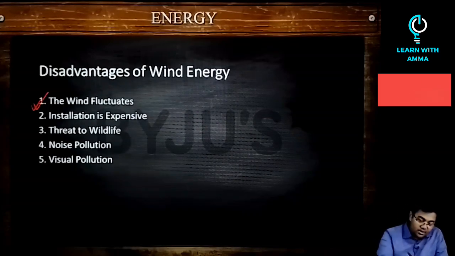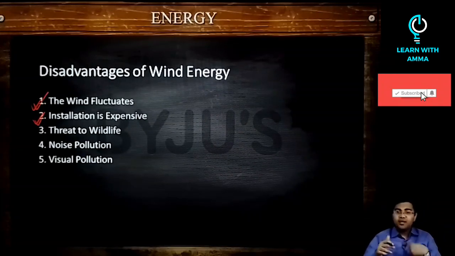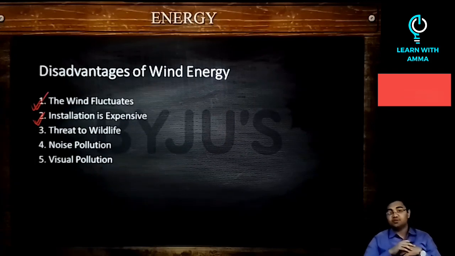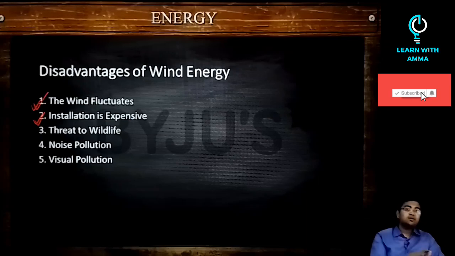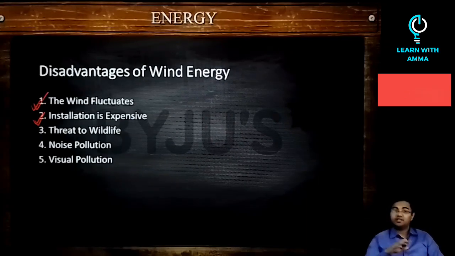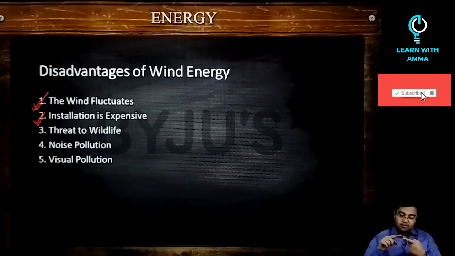Now the next point is that the installation is expensive. See, generation of electricity from wind may not be very expensive, but the installation is expensive. You can say that the costs are reducing over time, but the installation of a wind turbine is still considered expensive. First, a site survey has to happen, and this will have some money involved with it.